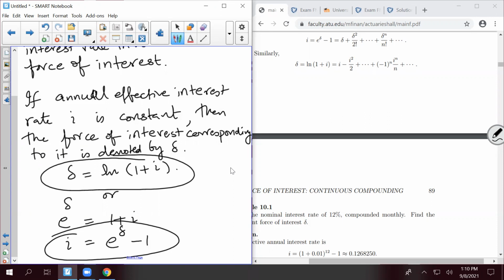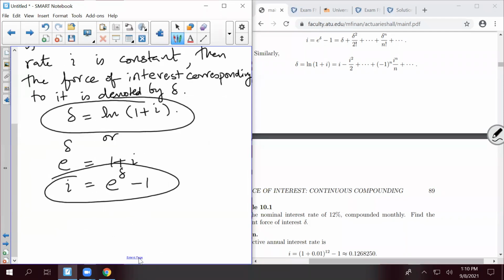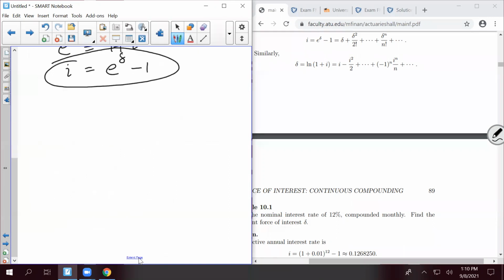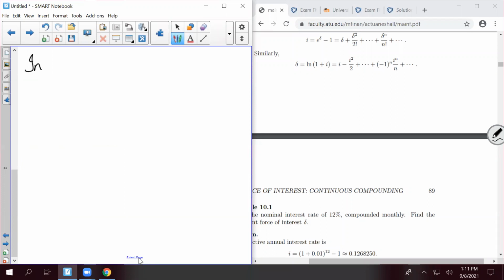Now this is for the constant force of interest, which happens when we have compound interest. But in general, the force of interest doesn't have to be constant. So in general, we mean that the interest rate doesn't have to be compound interest.